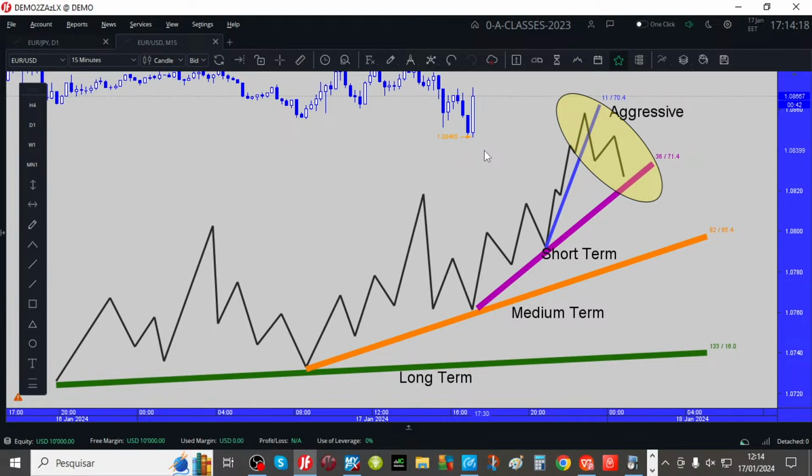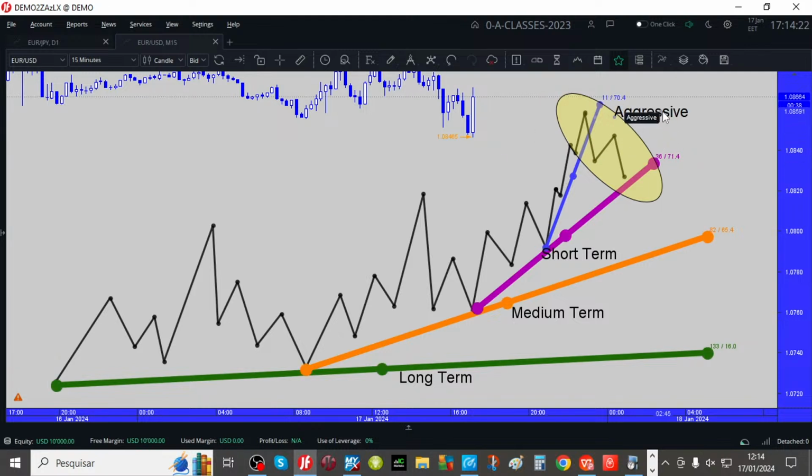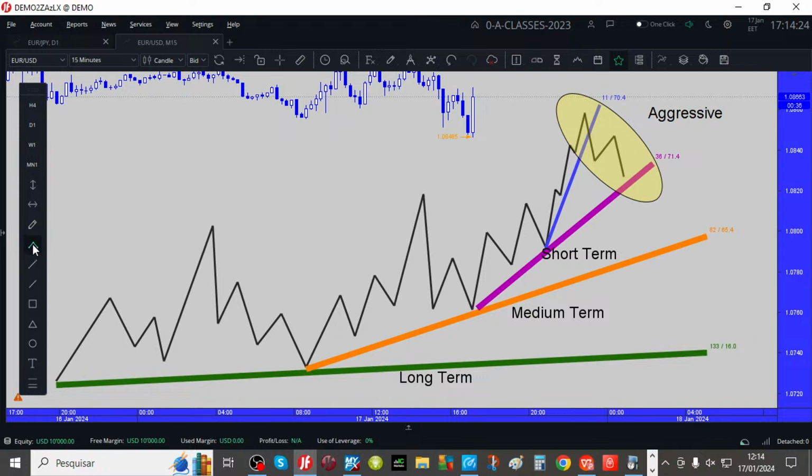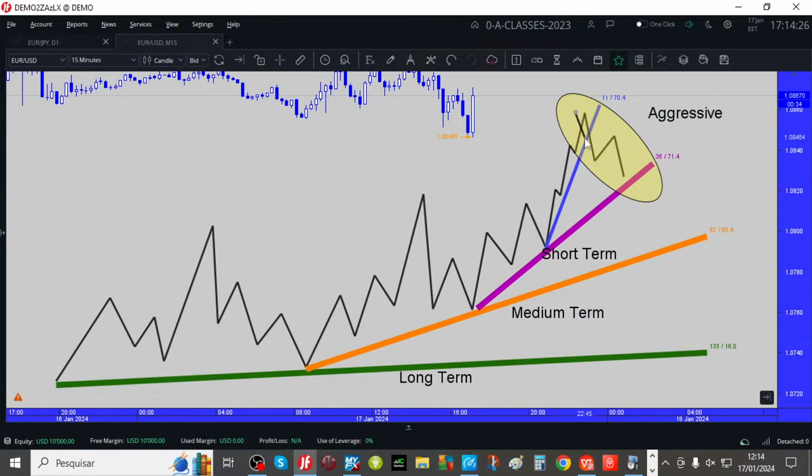Sandy says uptrend. So Sandy is the teacher, everybody. I'm the student, and I'm questioning Sandy. Boss, how can we be in an uptrend if the market's making lower lows, lower highs?